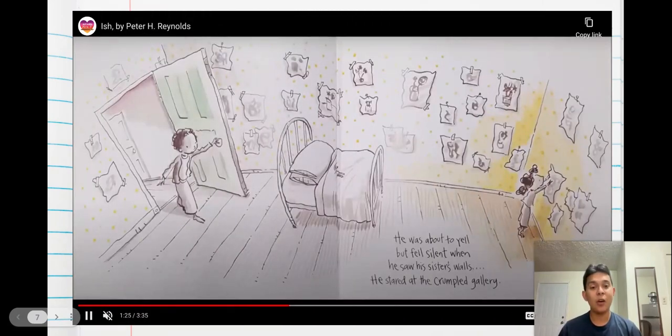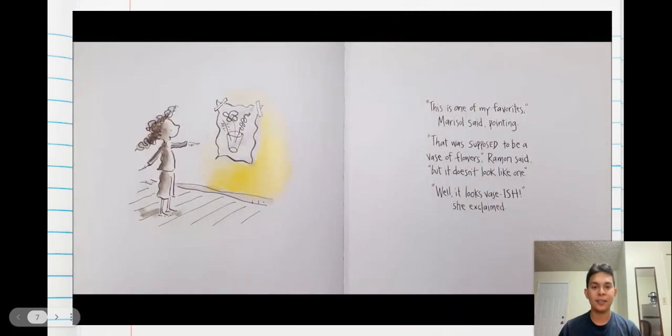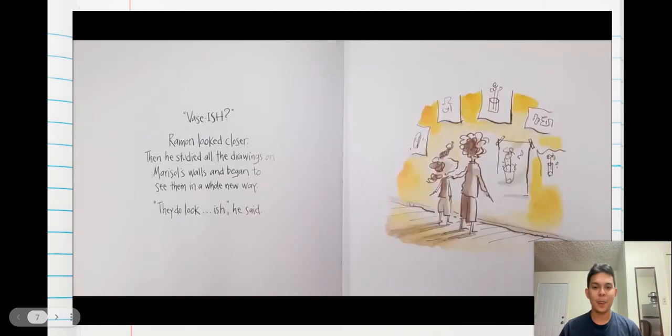He was about to yell, but fell silent when he saw his sister's walls. He stared at the crumpled gallery. "This is one of my favorites," Marisol said, pointing. "That was supposed to be a vase of flowers," Ramon said, "but it doesn't look like one." "Well, it looks vase-ish," she exclaimed. "Vase-ish?"